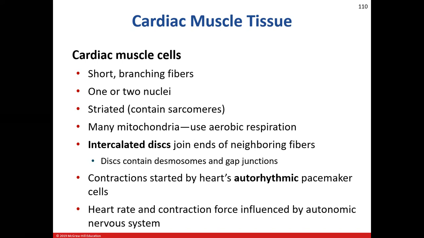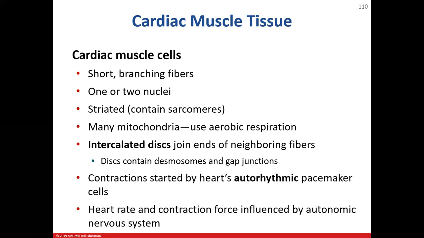It is involuntary, so where skeletal muscle is voluntary and you have control over it, smooth muscle is involuntary and you don't have control over it. Cardiac muscle is also involuntary, which means you don't have control of your heart. You don't have the ability to tell your heart to beat and then to stop and then to beat. It continues to move on as it chooses.